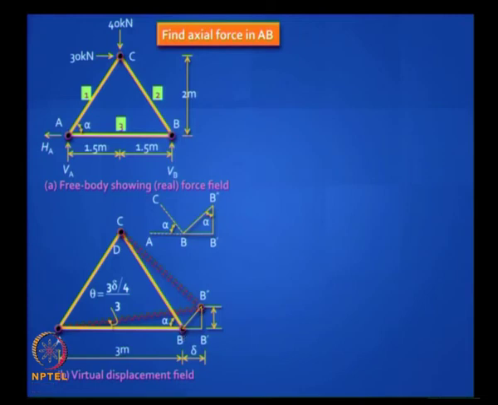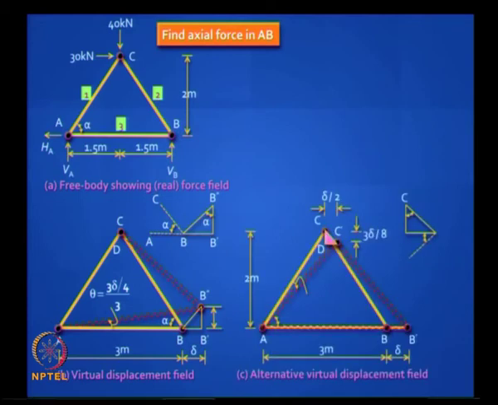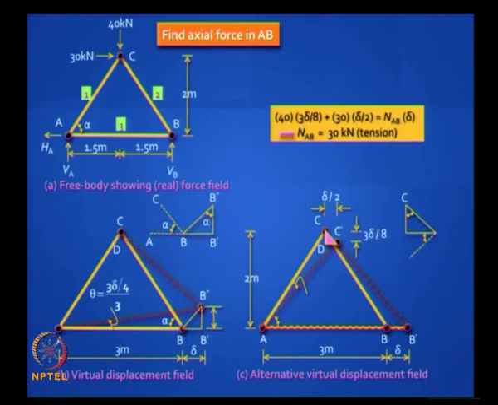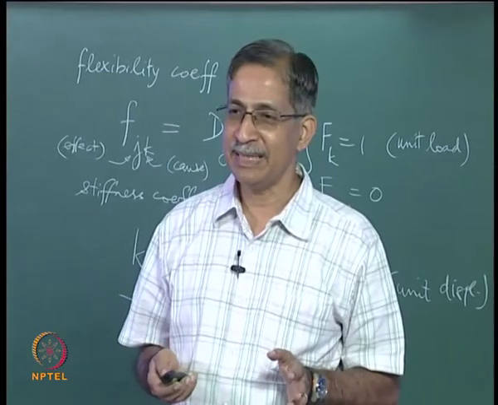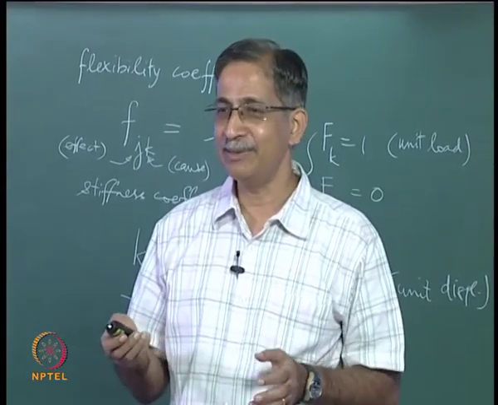In this configuration the advantage is the only change in length is in AB, and it is equal to delta, and you have to work out the trigonometry part of this and find out how much the joint C has moved horizontally and vertically. Once you have done this correctly, simply invoke the theorem, you will get the answer. So it is a powerful technique. You might make mistakes if you are not careful with the trigonometry involved.